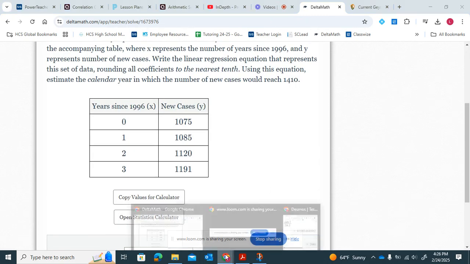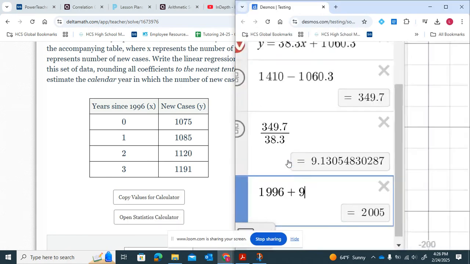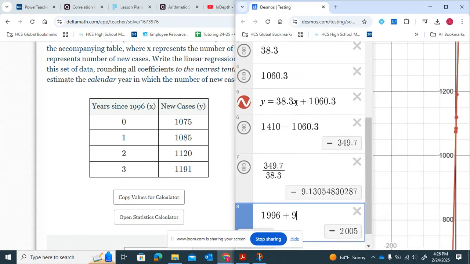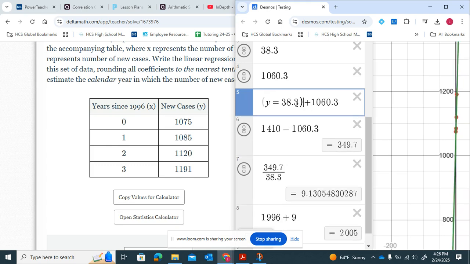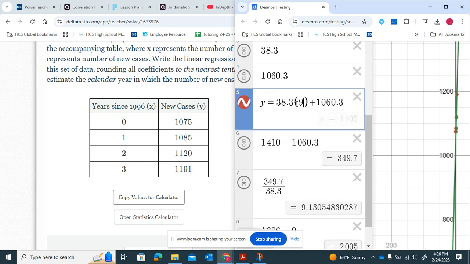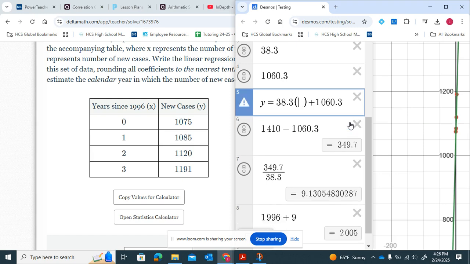1,410 new cases. So another way to think about this is if you were to take your equation here and put 9 in, you get 1,405. So it might want us to put in 2006.